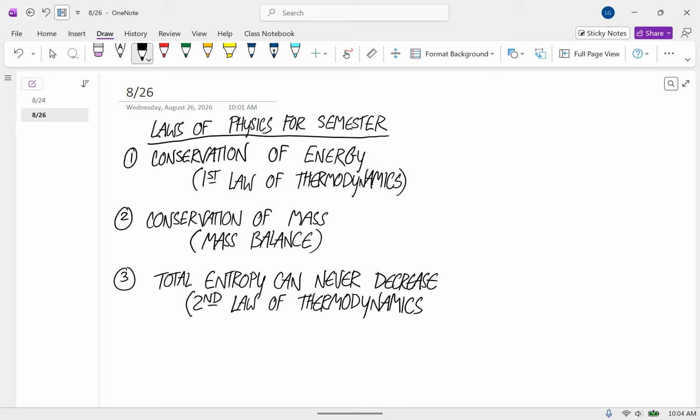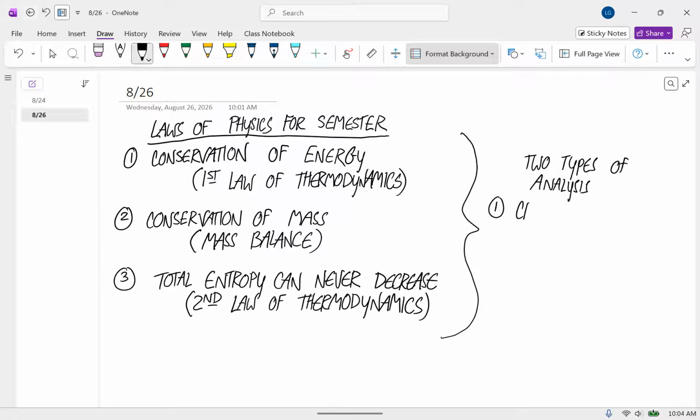And all of these we're going to do with two different types of analysis. The first is going to be called a closed system. This is really the one that you're used to, because you've mostly done calculations where you're dealing with solids.